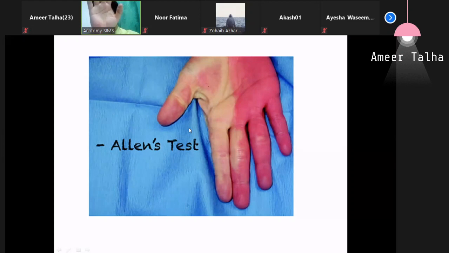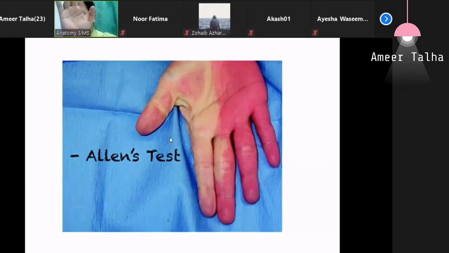Then the arteries are checked one by one. First, when we release the lateral side or the radial artery, the palm should become red within 2 to 3 seconds. That would show that the radial artery, or the branches supplying the blood to the palm, are functioning normally.